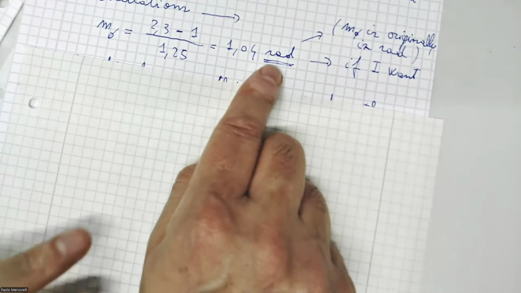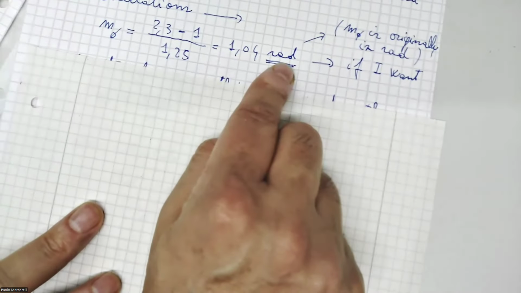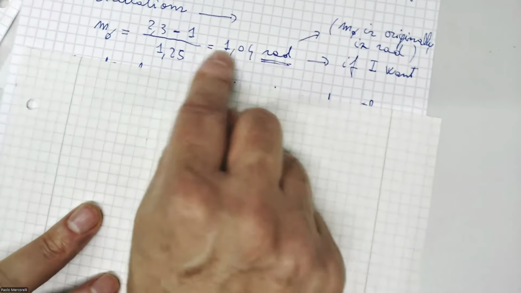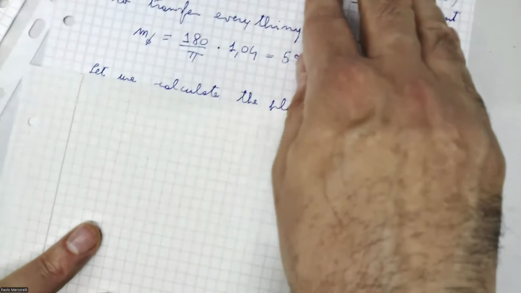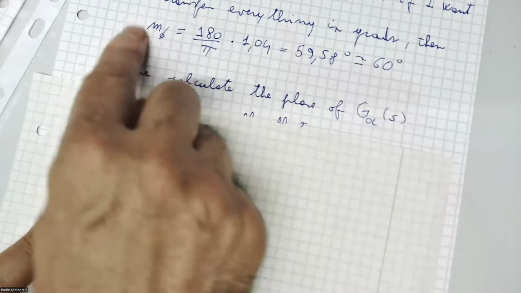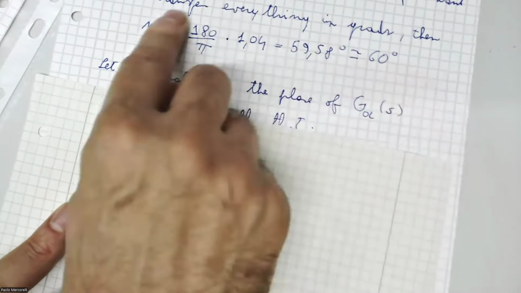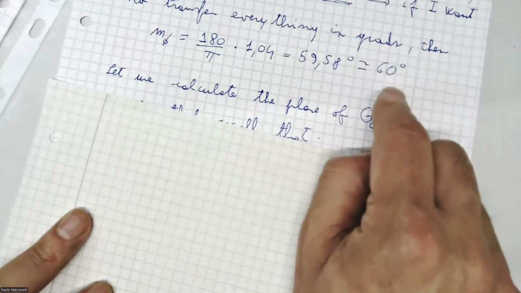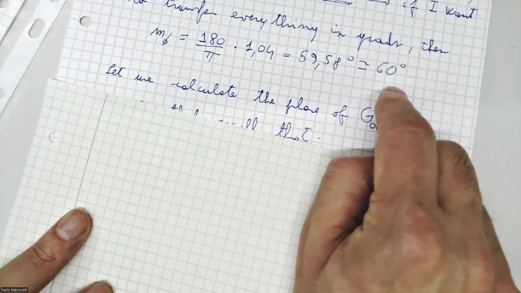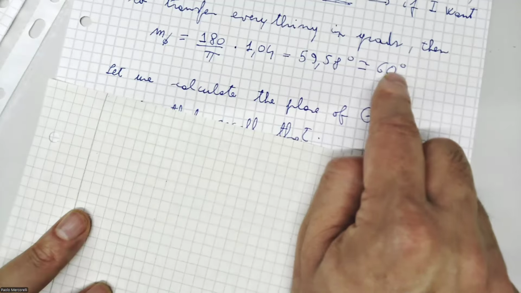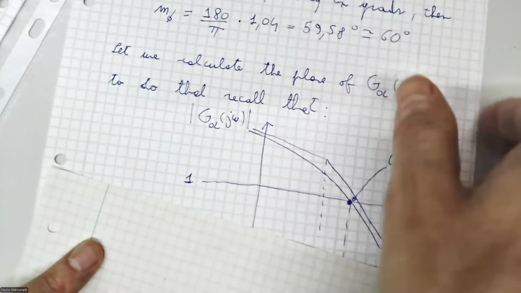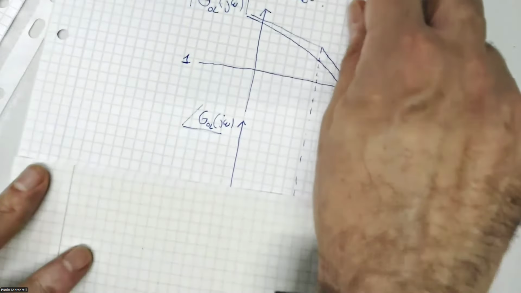The phase margin which I need is 10.4 radians. I transform radians in degrees because the table which I will give you is in radians. This is what I need.